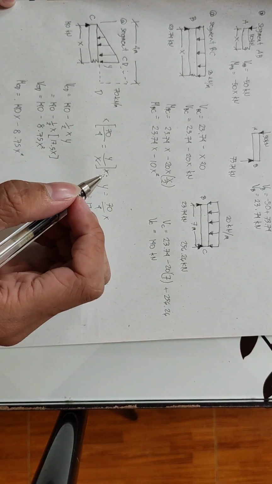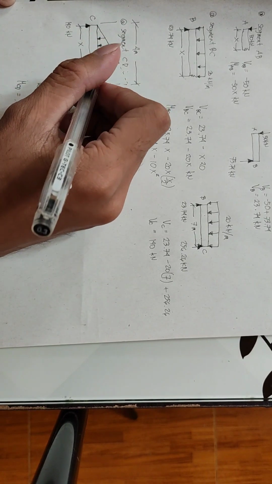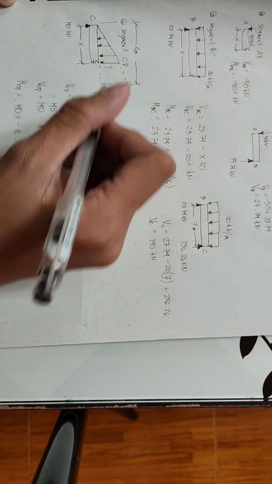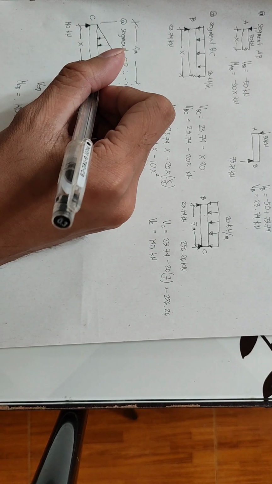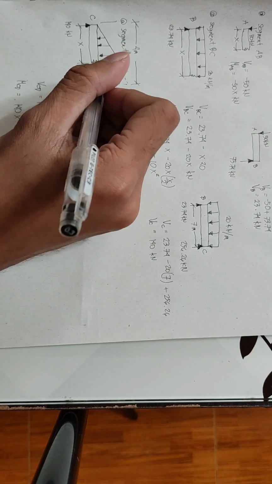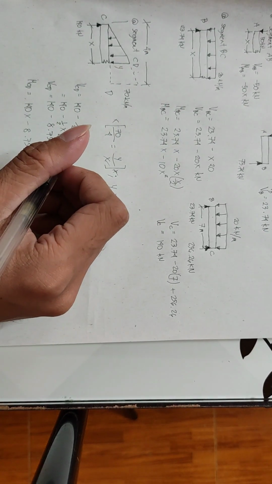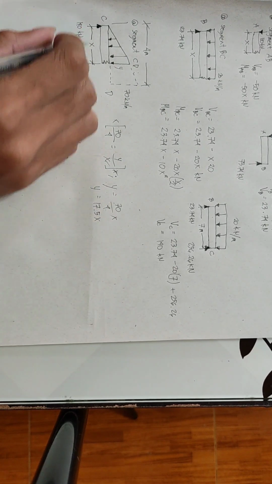Then to find its centroid, we take the moment at this point. The centroid of a triangle, if we start at this part, is 1/3 of its length, and the length is x.